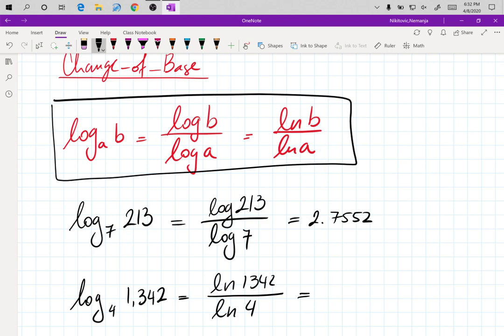So here we go. ln or log, whatever, 1342, close the parenthesis. Make sure you close the parenthesis after 1342. Divide that by ln of 4, close the parenthesis, and yep, you got it. 5.1951.